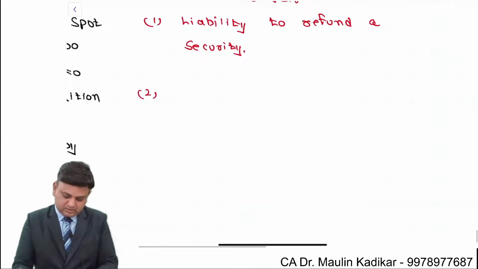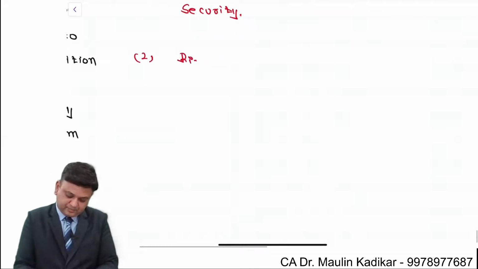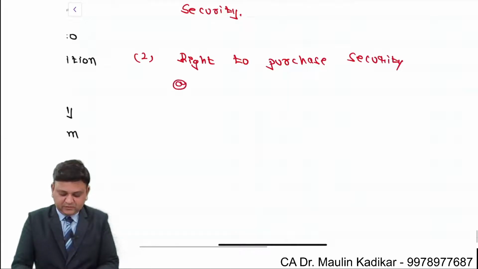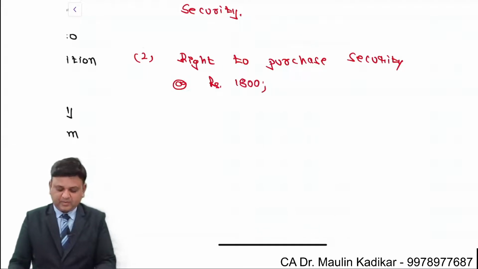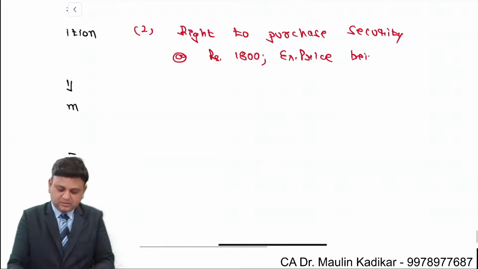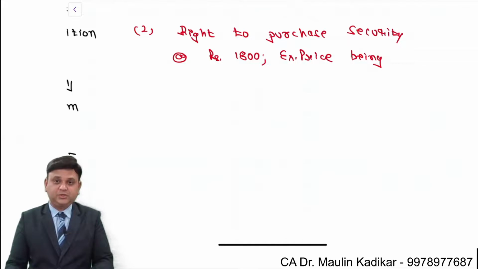Second, right to purchase security at the rate of rupees 1800, comma, exercise price, being call option holder.